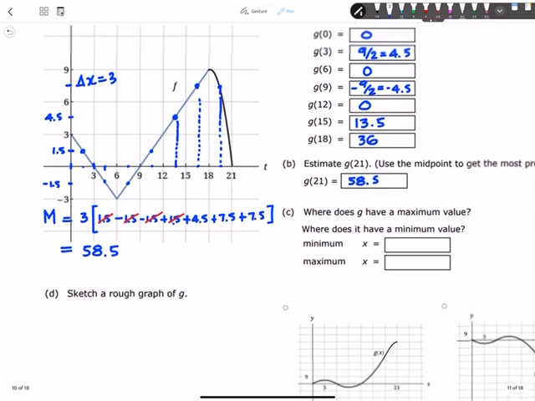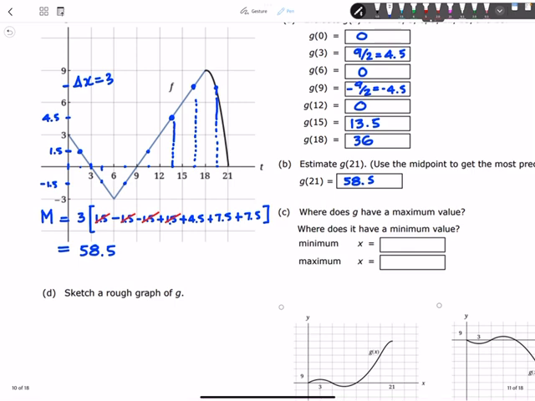All right, the problem goes on to ask, where does G have a maximum value? And so again, we want to consider this interval right here. The function goes from 0 to 4.5, back to 0, down to negative 4.5, then back to 0, then to 13.5, then to 36.